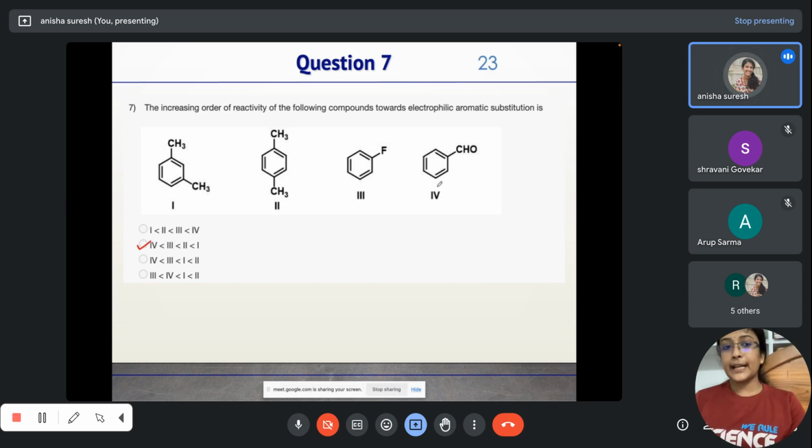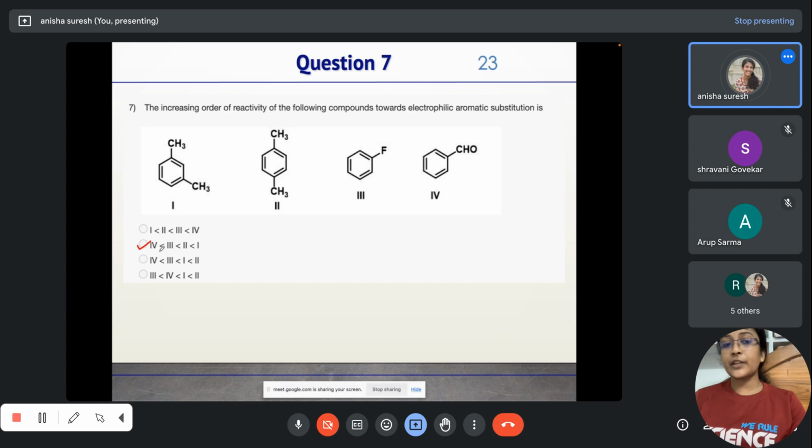Option B will be the correct answer, because we have seen in that table that CHO is an electron withdrawing group. It is highly deactivating in nature. Then when we consider halogens, they are also deactivating in nature. Then these two CH3 compounds are present. When CH3 is present at the meta position, the effect on reactivity will be more compared to when it is present at the para position.